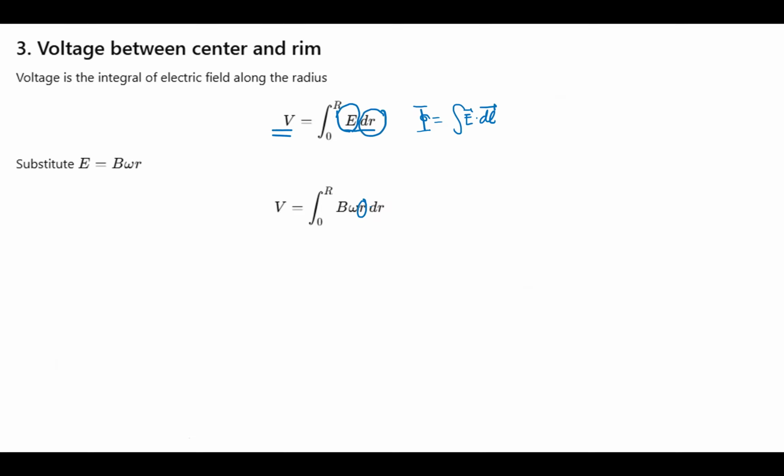And then if you just plug in the electric field here, then we find that it is dependent on r, so that we get this formula. So we have the voltage like this. And then we just plug in the magnetic field, omega, and r, and then we get the voltage.